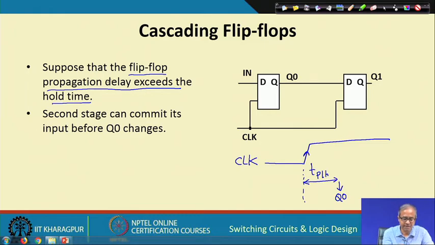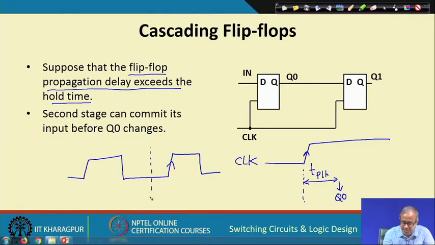Now, what I am saying is, what if the flip flop propagation delay, this t_PLH, exceeds the hold time? Because you see, when the clock signal comes like this, the same clock signal is applied to both the flip flops. Consider the second flip flop, the second clock pulse has come. Now, the value of Q0 should be held stable at least t_setup before the clock edge comes.